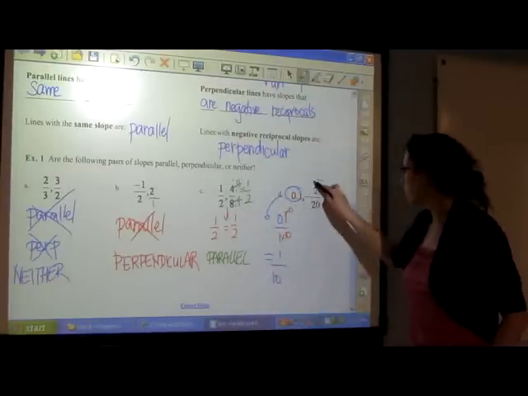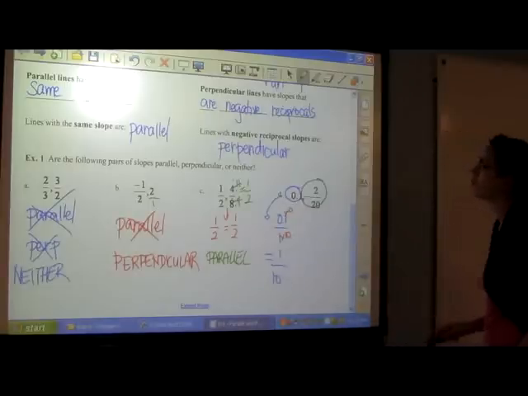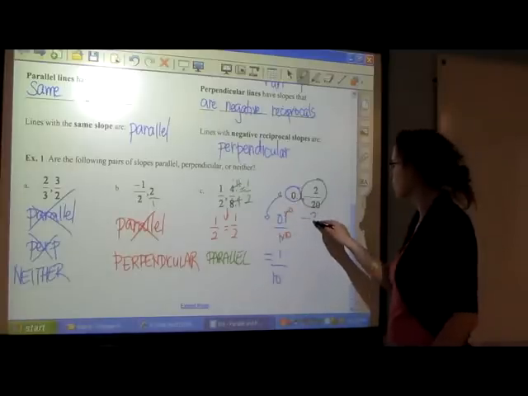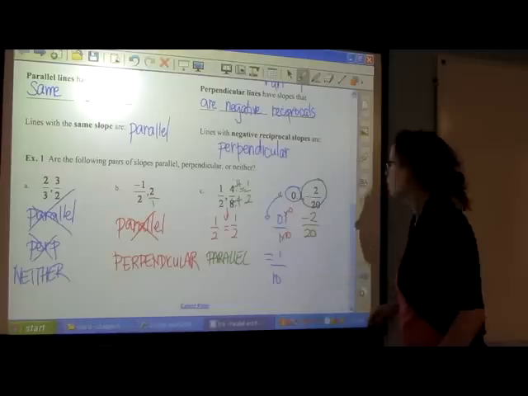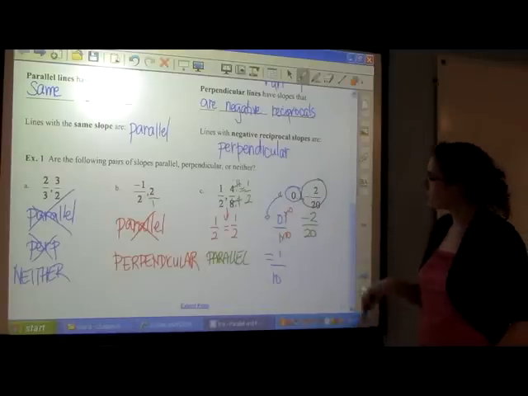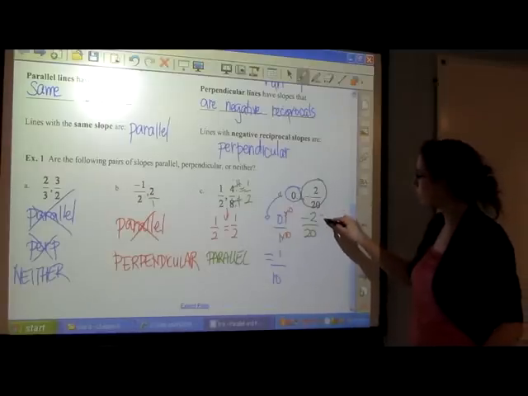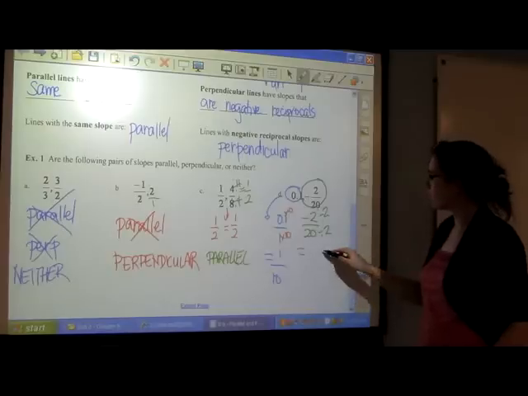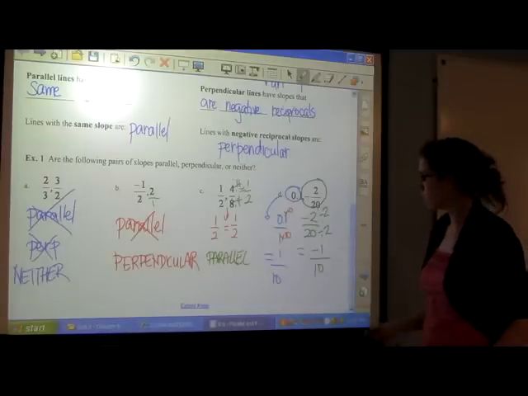Next thing we'll do is take a look at this negative 2 over 20. I can divide both the top and the bottom by 2 to reduce this fraction. Negative 2 divided by 2 is negative 1. 20 divided by 2 is 10.